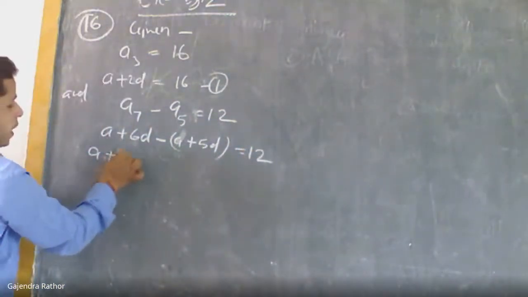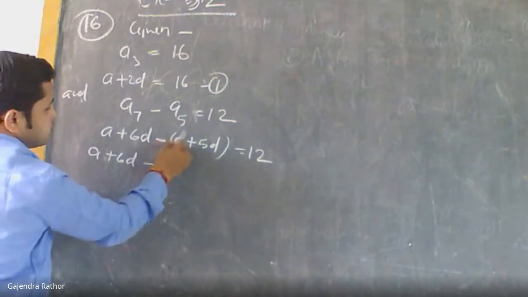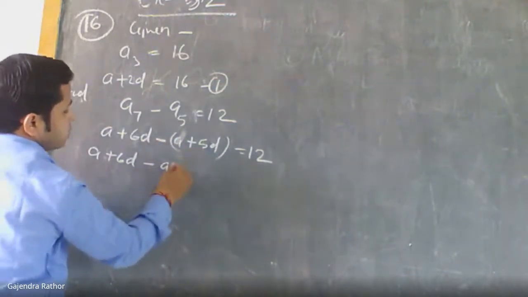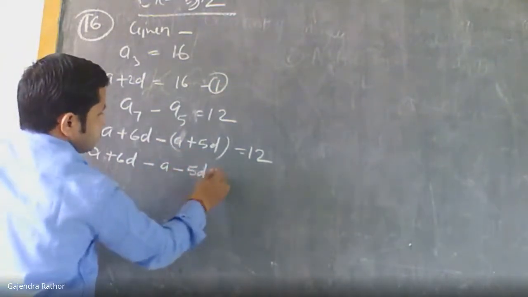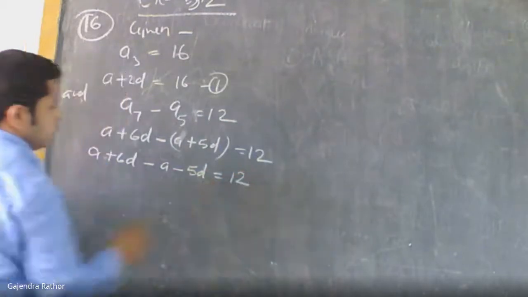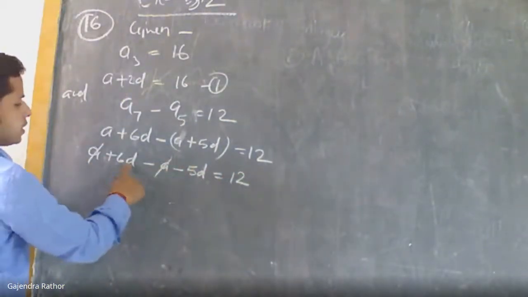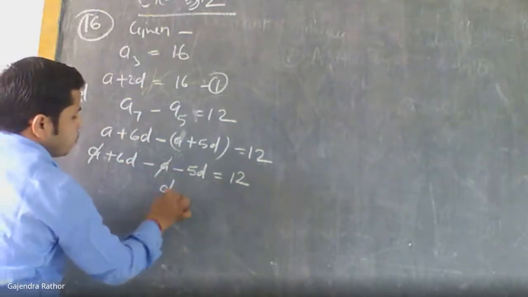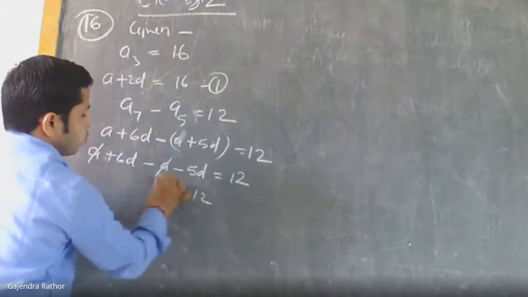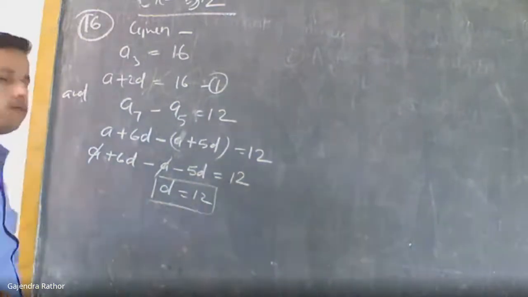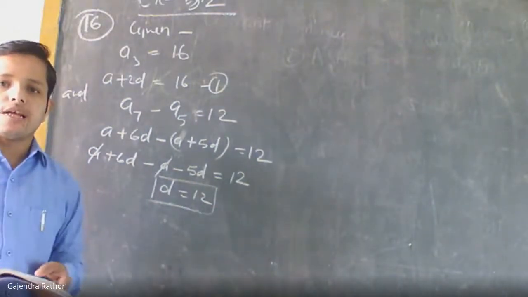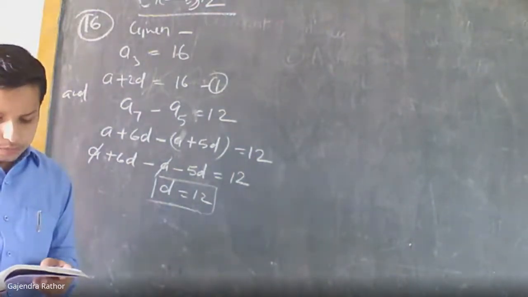So open the bracket: A plus 6D minus A minus 5D is equal to 12. A minus A cancel, 6D minus 5D, remaining 1D is equal to 12.